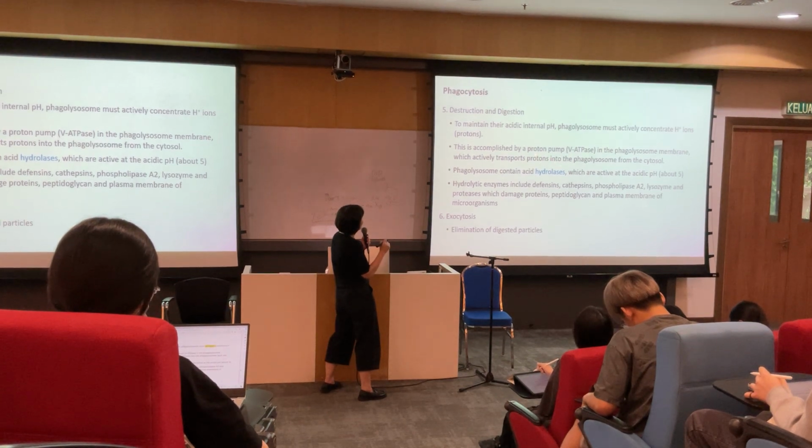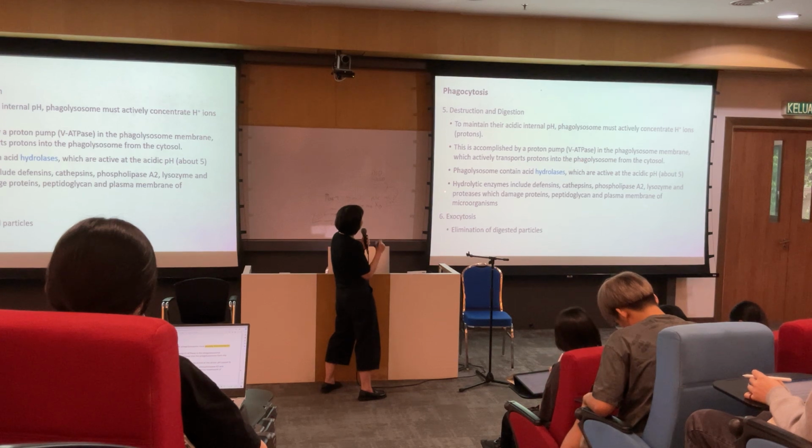They use the proton pump called ATPase. It transports the hydrogen protons into the phagolysosome to maintain its low pH. So it activates a lot of hydrolases, and they are active in low pH.